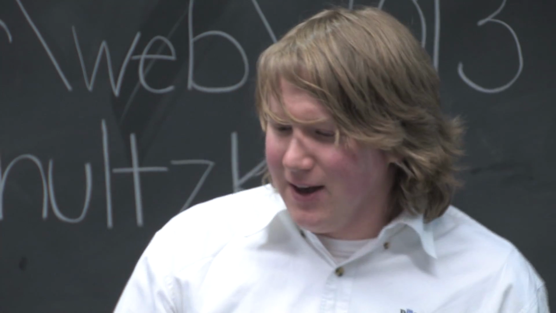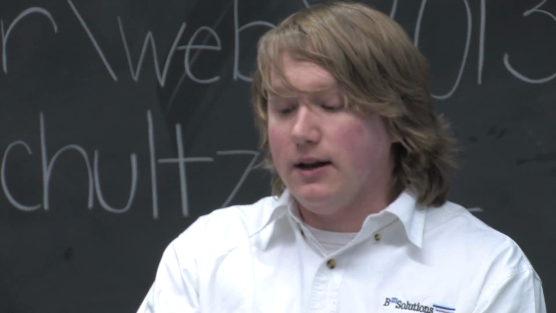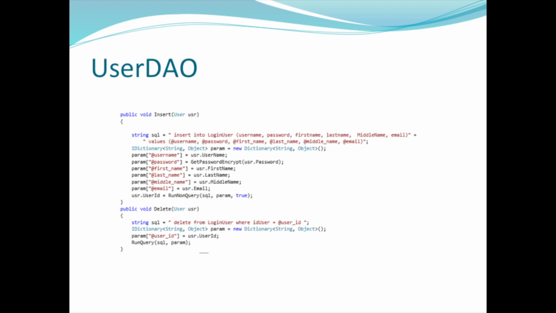Awesome. Okay, just a quick look at how we would define an insert statement, an insert and a delete. We would define a string, or our query up here, insert into login user, and give it some values, the fields that we want, and then we're also passing in these parameters. You might notice the funny syntax here, what has the @ sign and then a name. This is part of the parameter.